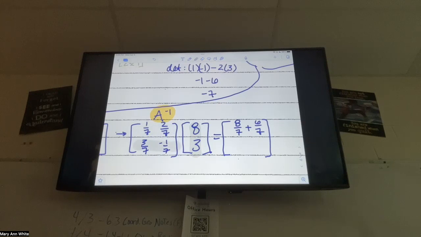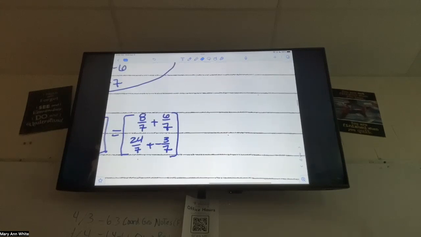Okay, now I'm gonna do the bottom. So I'm gonna do 3 over 7 times 8, which is 24 over 7. And then -1 over 7 times 3, which is plus -3 over 7. All right, now we're gonna simplify.